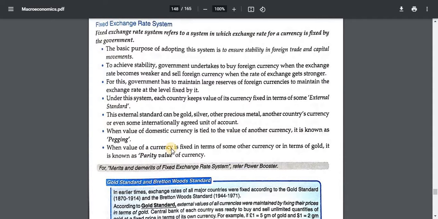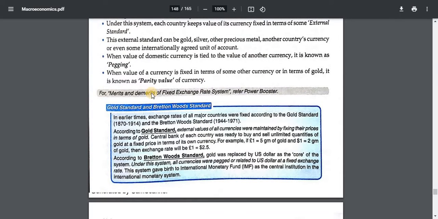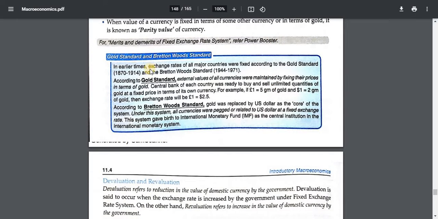When the value of a currency is fixed in terms of some other currency or in terms of gold, it is known as par value of currency. For merits and demerits of the fixed currency exchange rate system, refer to Power Booster.